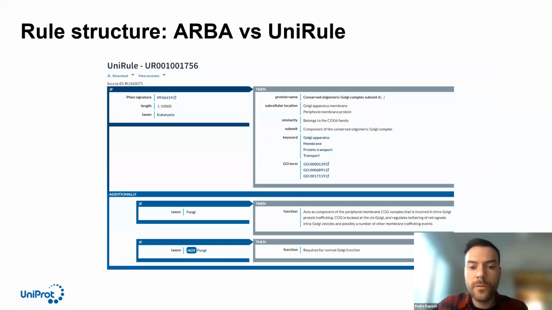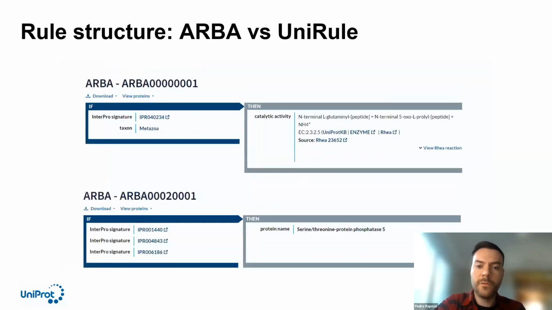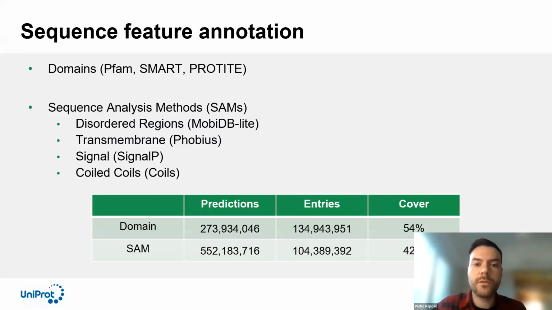So in this UniRule rule that we previously showed, you can see that many annotations are contained in it, but in ARBA, we just have one annotation per rule. Additionally, UniRule and ARBA provide sequence feature annotations. They annotate certain regions of the protein sequence. For example, they flag where a certain domain is predicted to have domain signatures from Pfam, SMART, and PROSITE.